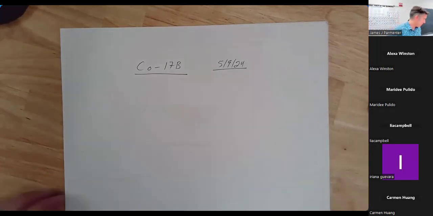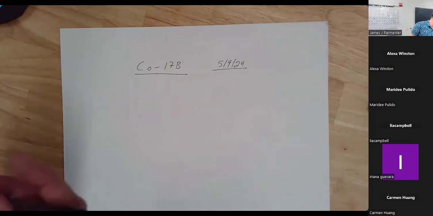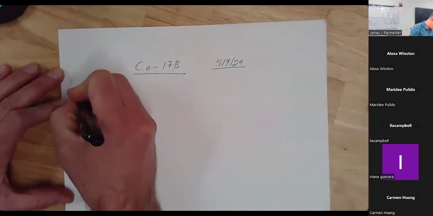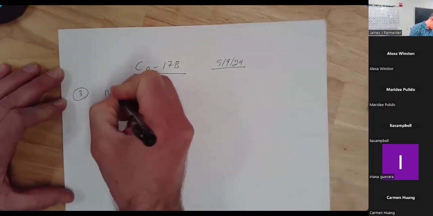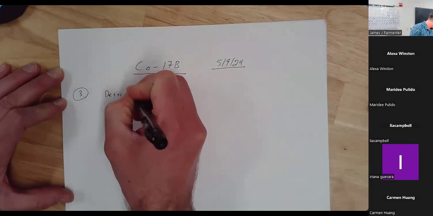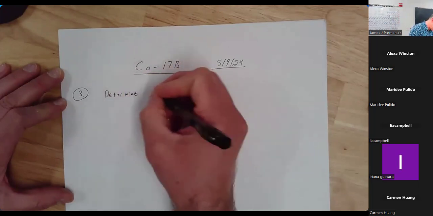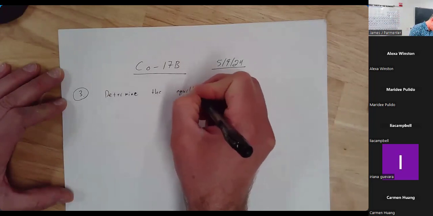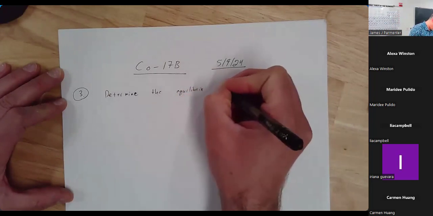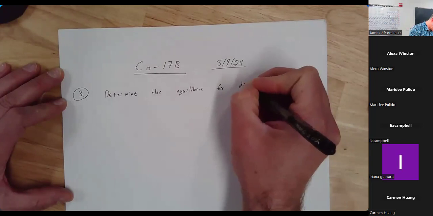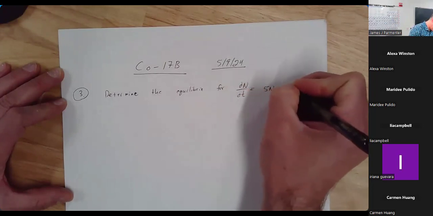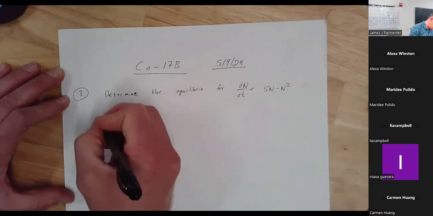All right. So the first couple were question 3 and question 16 from his practice. So here's question 3. It's determine the equilibria for dN/dt equal to 5N minus N squared, and determine stability.